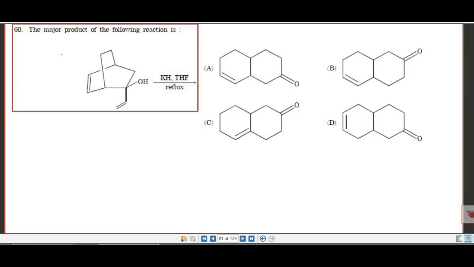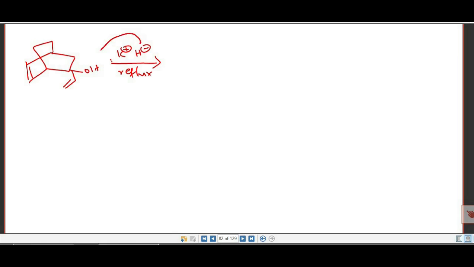Question number 60. The major product in the following reaction is. Let us take the reactant. Here KH, K plus and H minus. This on reflux gives this H minus, the hydride ion, which reacts with this OH to give O minus.